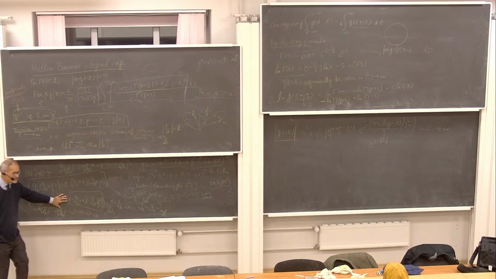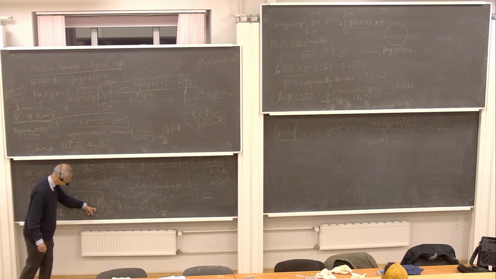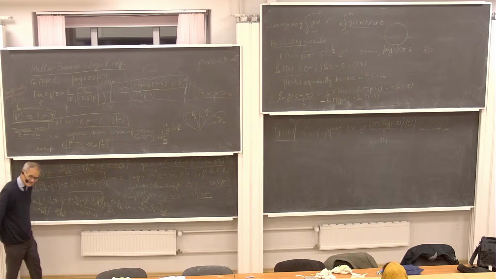So w around w equals 0, this part you can consider a kind of perturbation. So this is the dominant part of the differential equation.